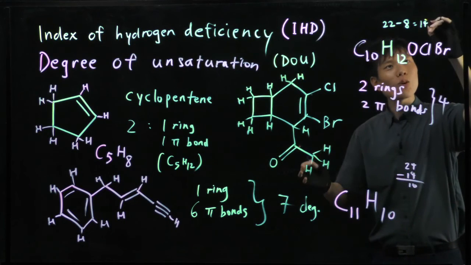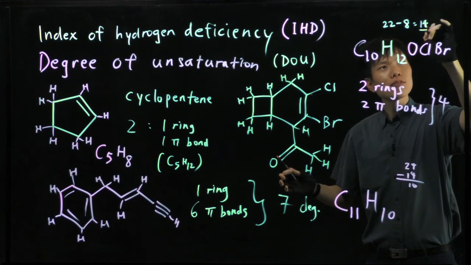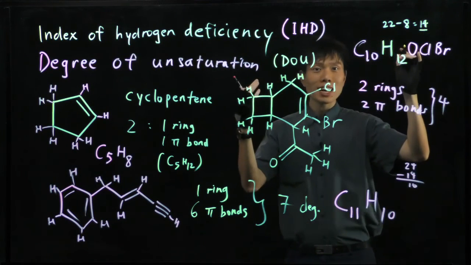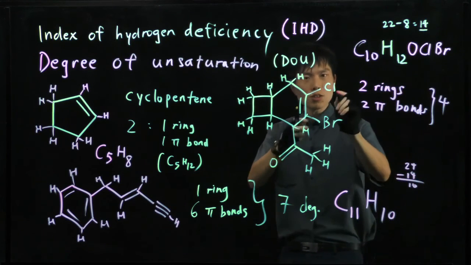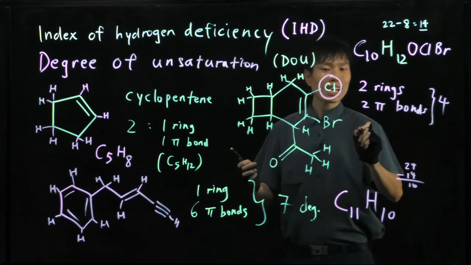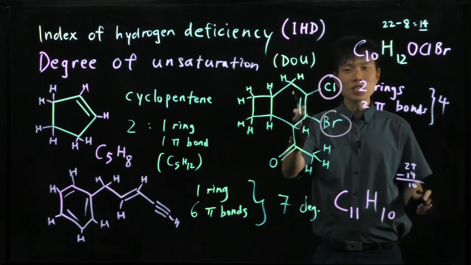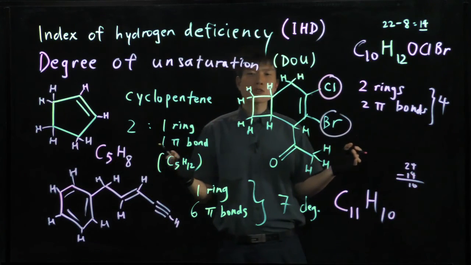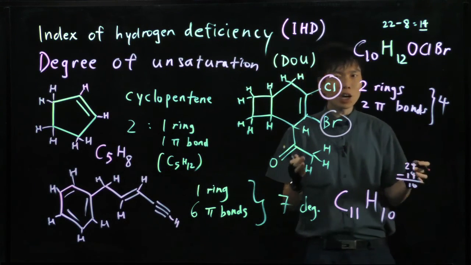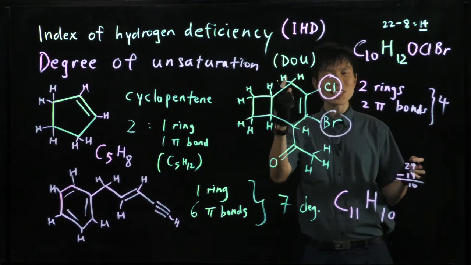So what happened just now? Why did I get 14 and yet automatically I subtract another 2 to get 12? Because here you notice I have halogens, chlorine and bromine. And halogens behave the same way as a hydrogen atom. Because halogens come from group 7 of the periodic table, they all form one bond, just a single bond.